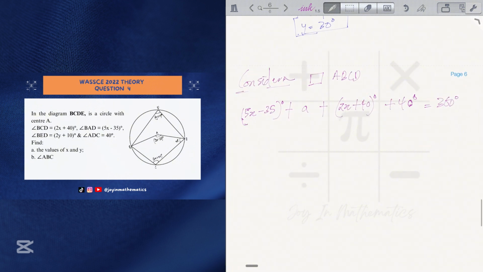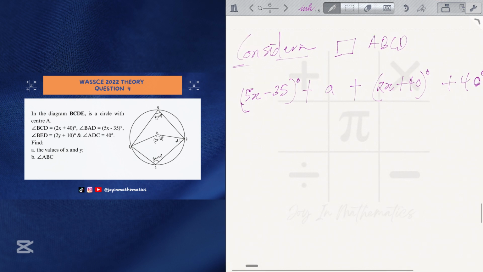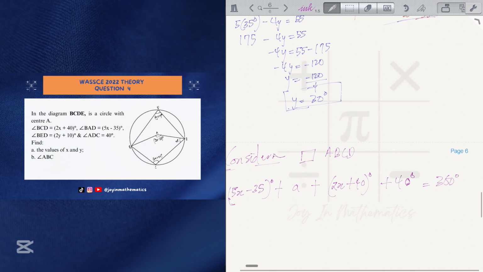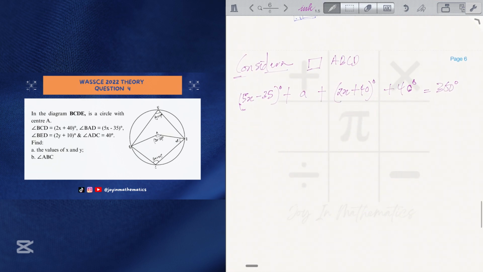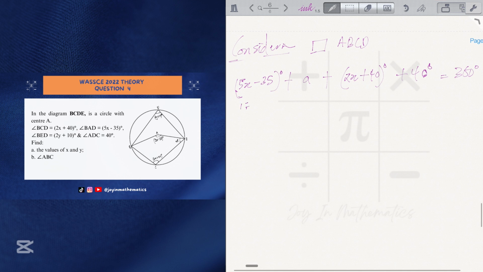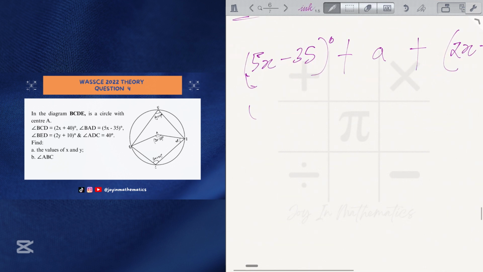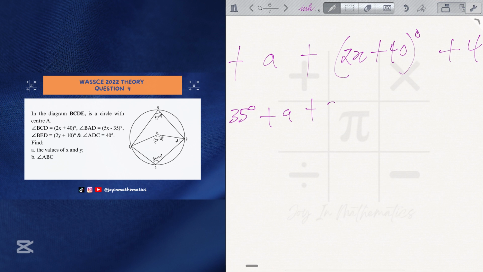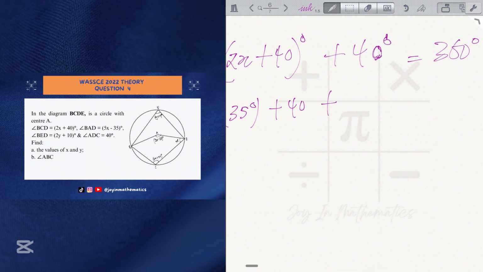So let's simplify further, and we'll bring the x together. We substitute the value of x to be equal to 35 degrees. So let's begin. So let's open the brackets. So with this we have 5x, which is 35 degrees, minus 35 degrees plus A plus 2 into 35 degrees plus 40 degrees is equal to 360 degrees.